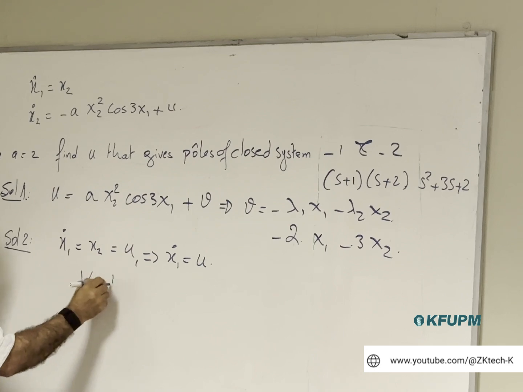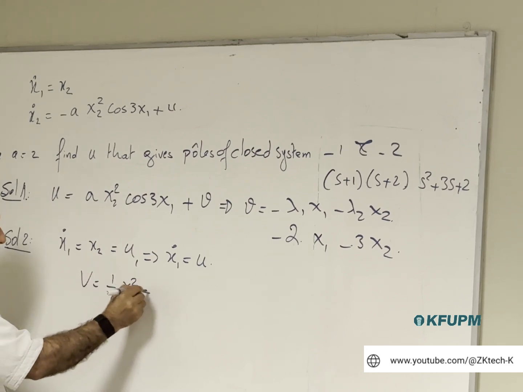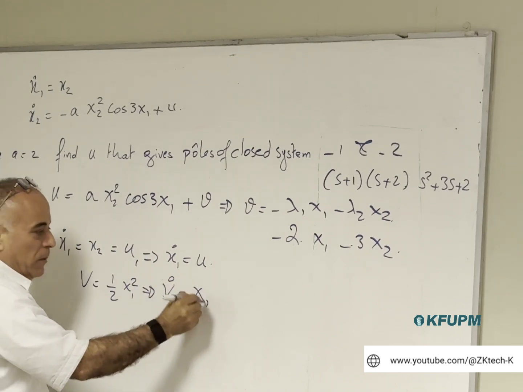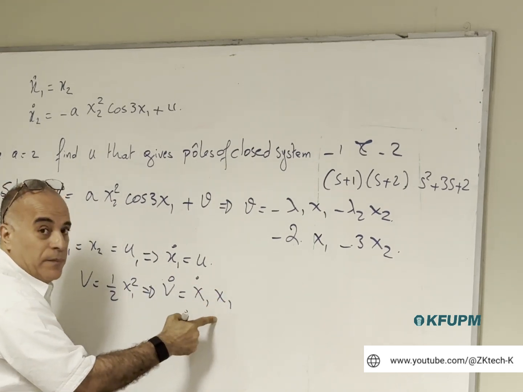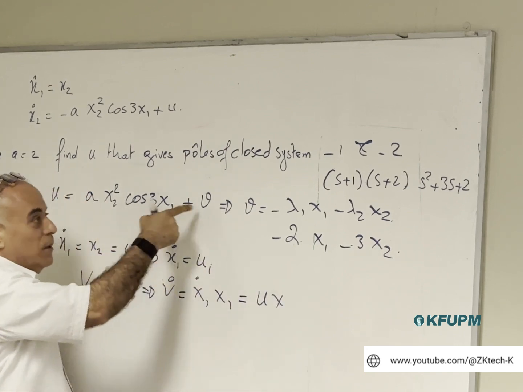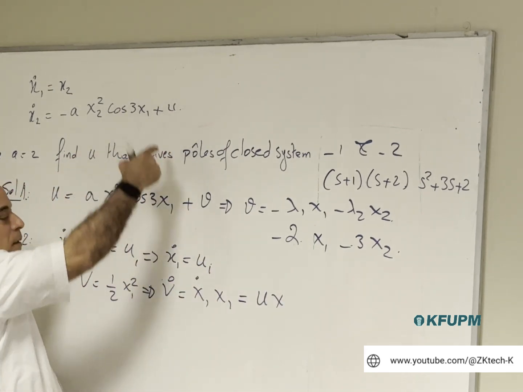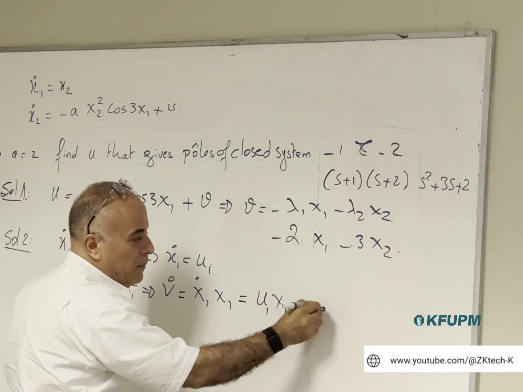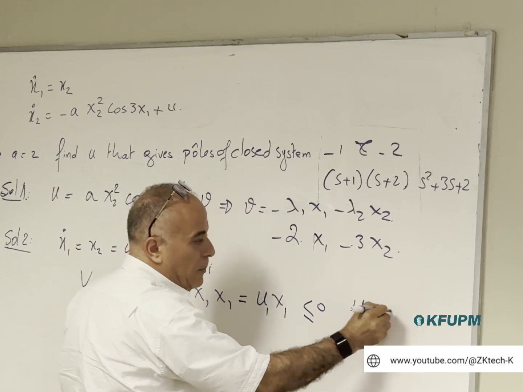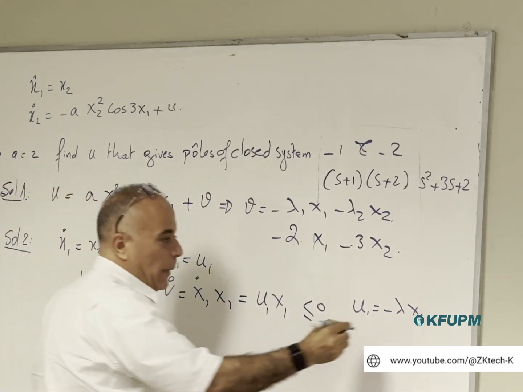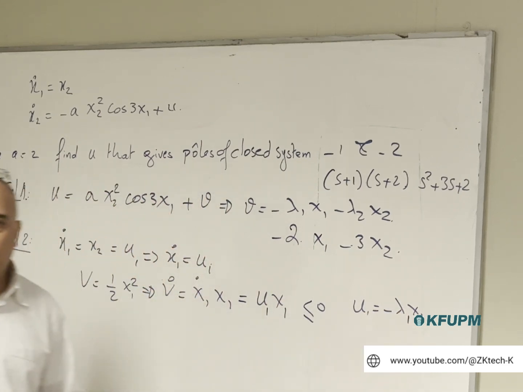V is equal to half of x1 squared, which implies that V prime is equal to x1 prime times x1. x1 prime times x1 is u1, so you don't confuse this with the other u. u1 multiplied by x1. In order for this to be negative, I select u1 equal to minus lambda 1 x1. You agree with this?